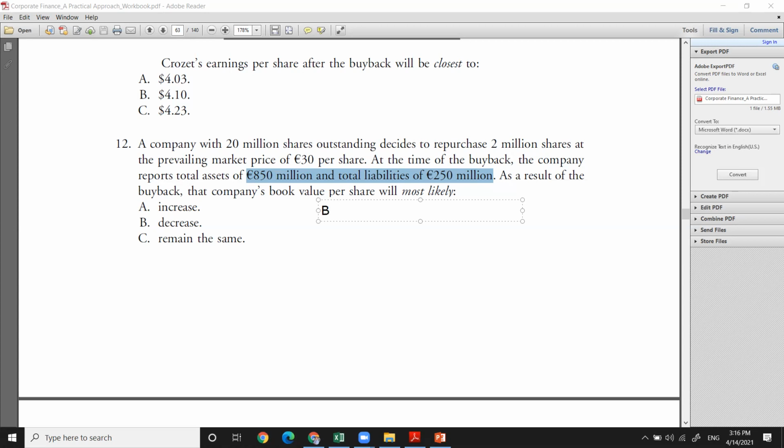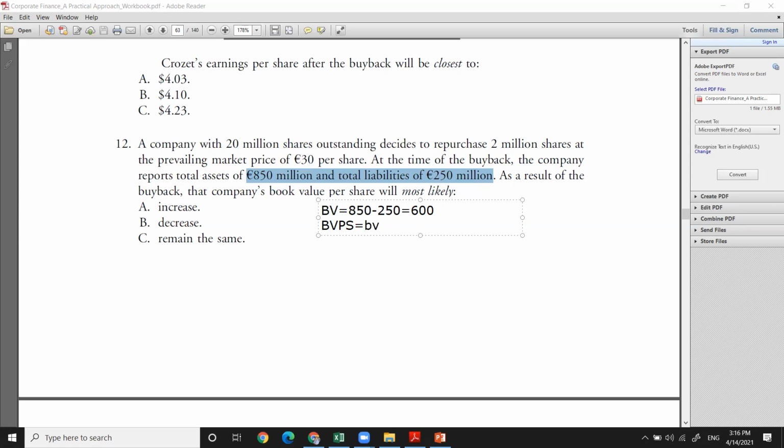Because we are dealing with shares and stocks, we are talking about the book value of the equity, not the book value of equipment that you bought or something else. So book value is equal to 850 minus 250, which is 600.